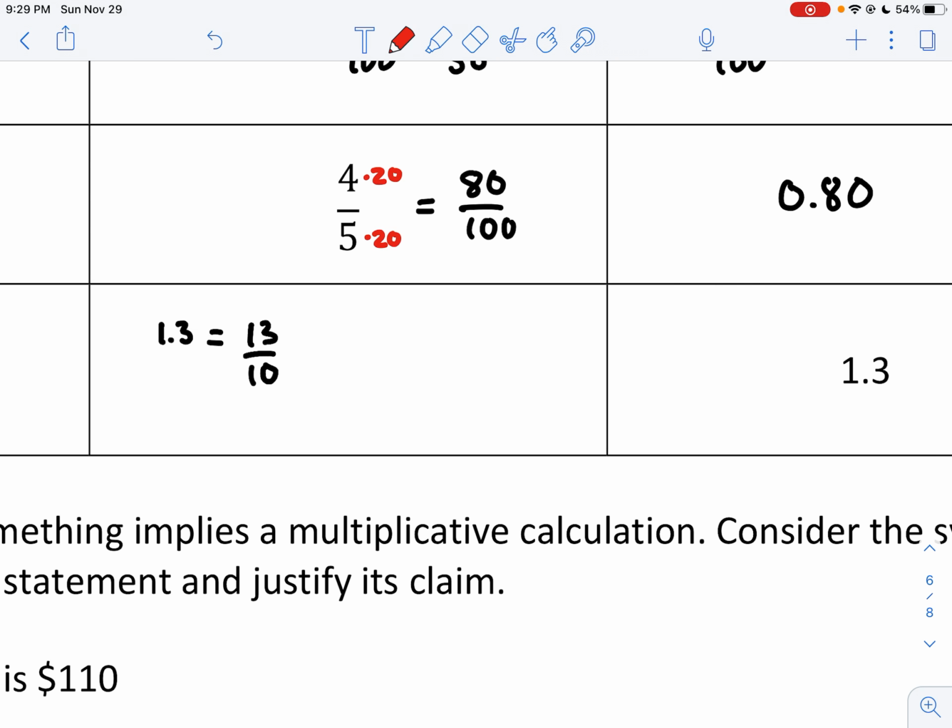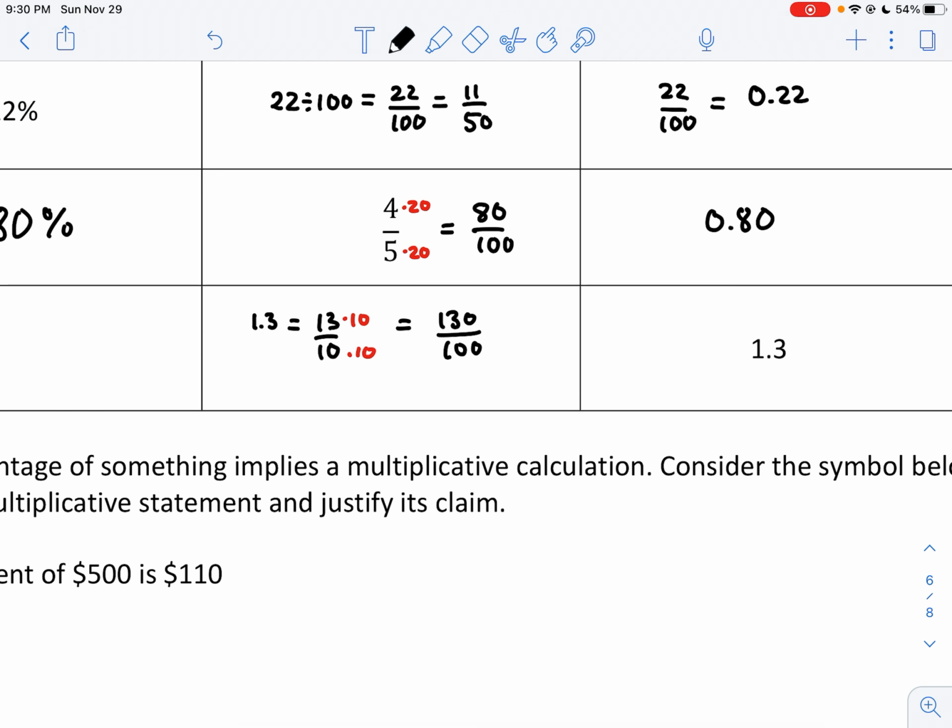And then keep scaling so that I get it per 100. Right, percent is always per 100. That's the denominator you want when you're working with a percent, is 100. So I'm going to scale by 10 and 10. And this winds up being 130 hundredths.